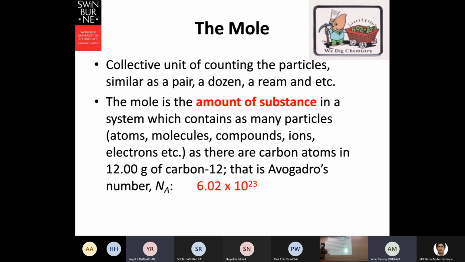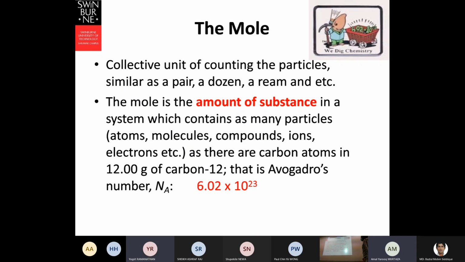It does not necessarily have to be 1 mole of a chemical thing. It can be 1 mole of oranges, as we'll see later on, 1 mole of this pen, 1 mole of 1 ringgit. If it is 1 mole of 1 ringgit, how many thousands of billions of ringgit is that?